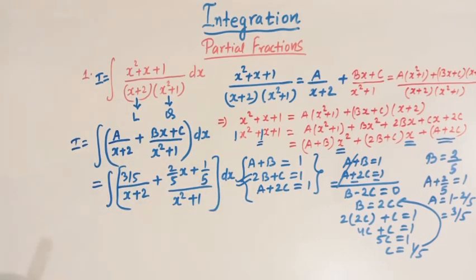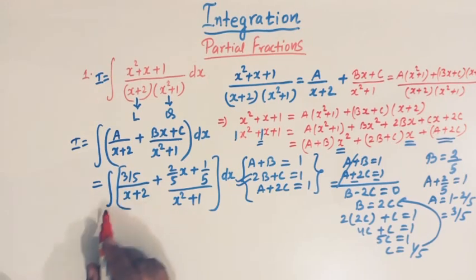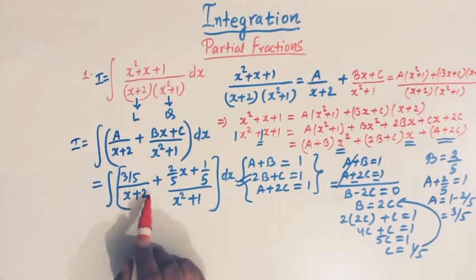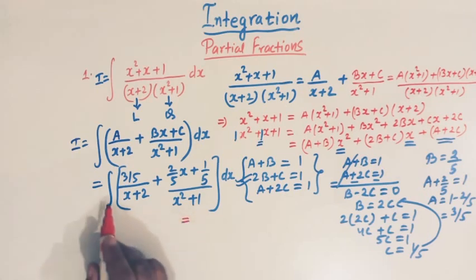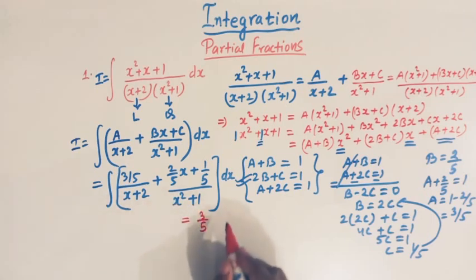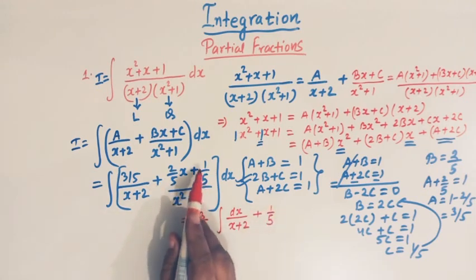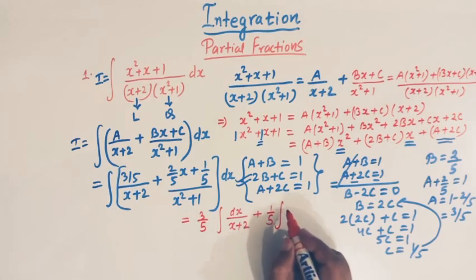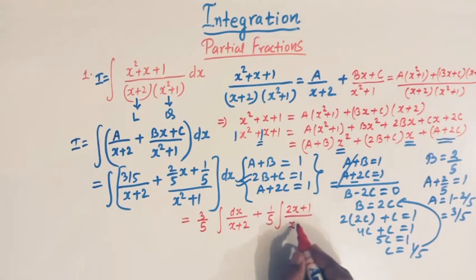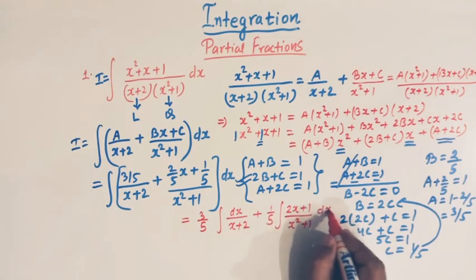Okay, now if we write this expression as 3 by 5, and here we have integral dx over x plus 2, plus here if we take 1 by 5 common, then we have integral 2x plus 1 divided by x square plus 1 dx, right?